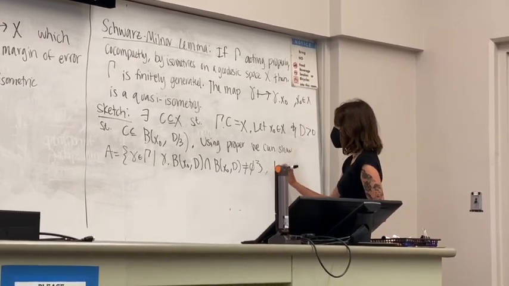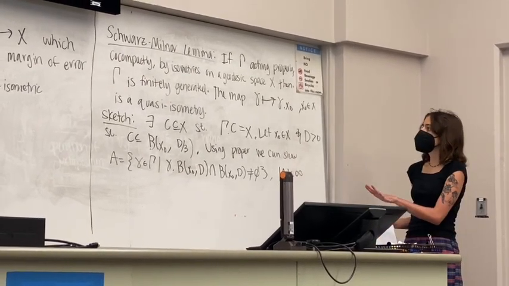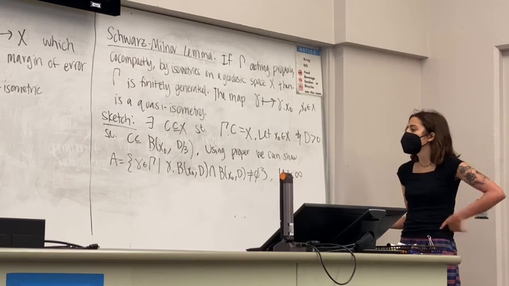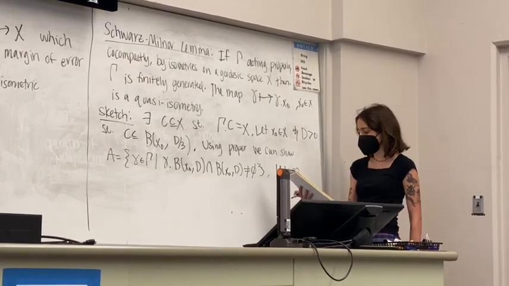We can show that this is in fact finite. And so all that remains to show is that the set A generates Gamma, as well as the quasi-isometry.